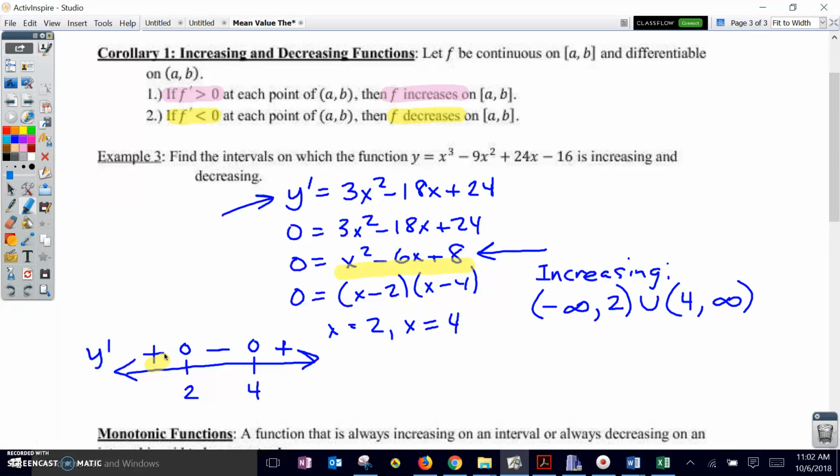Because those were the locations where the derivative was positive. And it is decreasing from 2 to 4, because that was a location where the derivative was negative. And that's how we can use the derivative to find intervals where a function is increasing or decreasing.